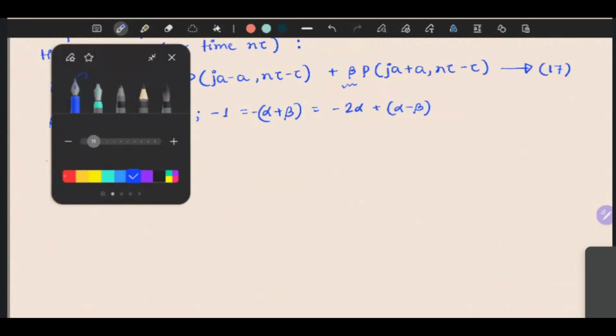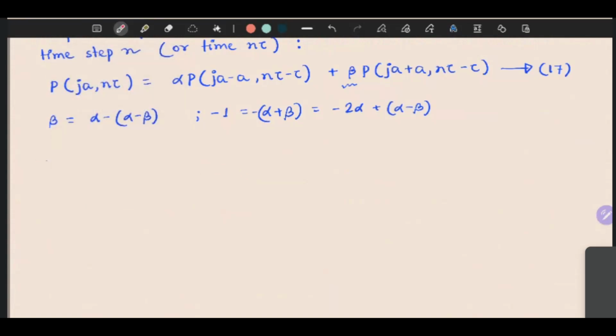Just a minute. So now we want P of ja, n tau, minus P of ja, n tau minus tau. This is one thing.